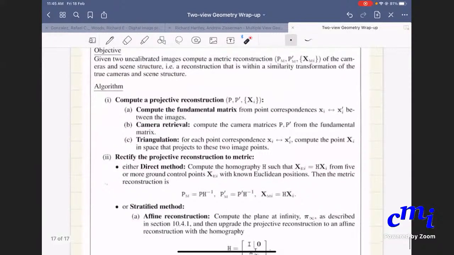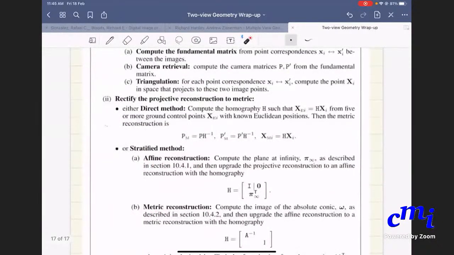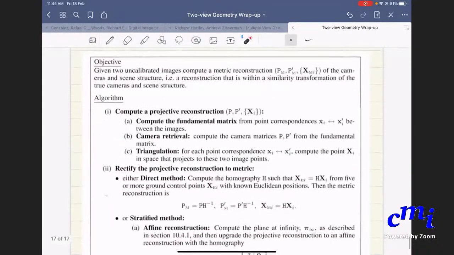I will just go through this algorithm quickly, because I haven't talked about the details. Given two uncalibrated images, meaning you have the images and the camera matrices but not the calibration of those camera matrices, you want to compute a metric reconstruction.